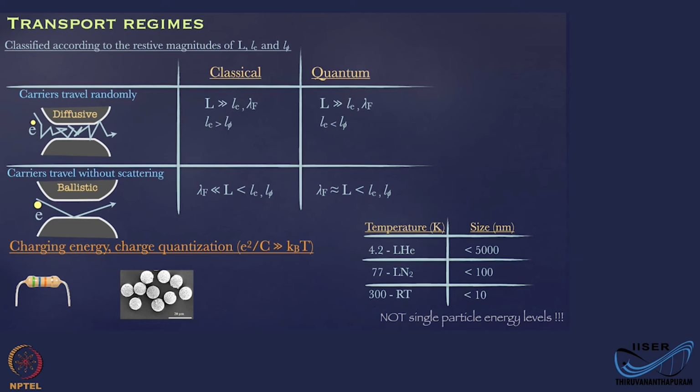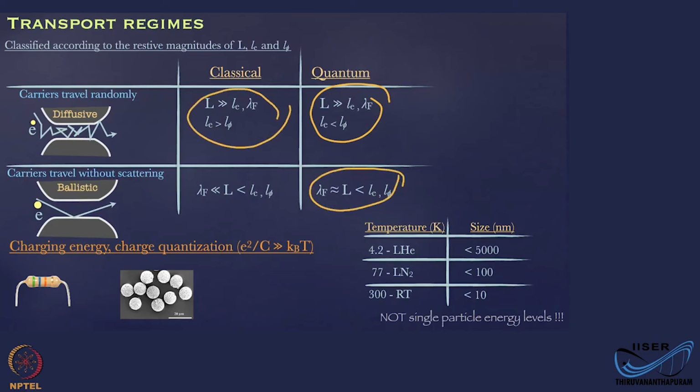Then there is classical diffusive and classical ballistic. Then there is quantum diffusive and quantum ballistic. So there are actually 4 transport regimes, out of which what we will concentrate on is quantum diffusive and quantum ballistic.